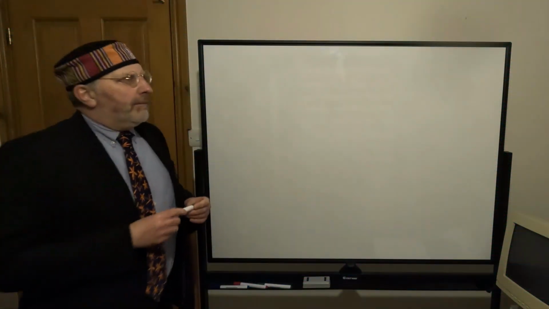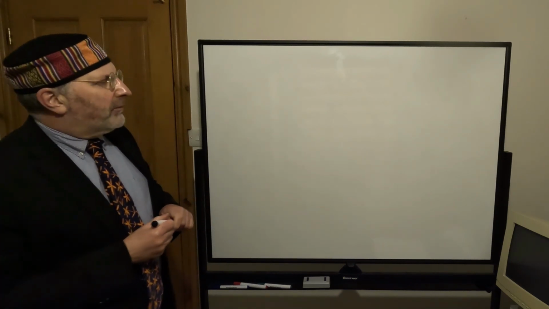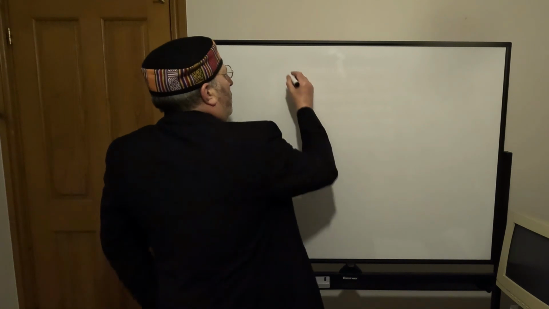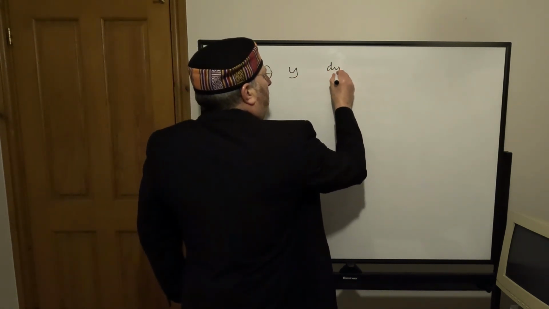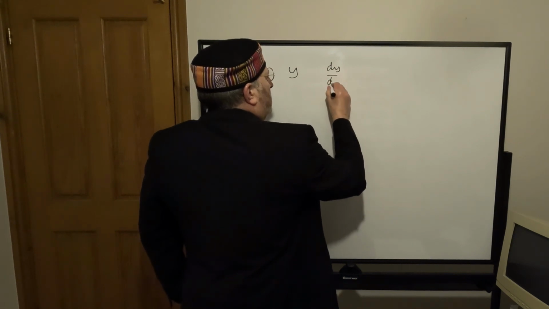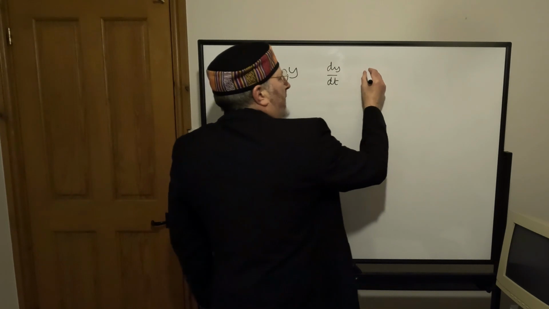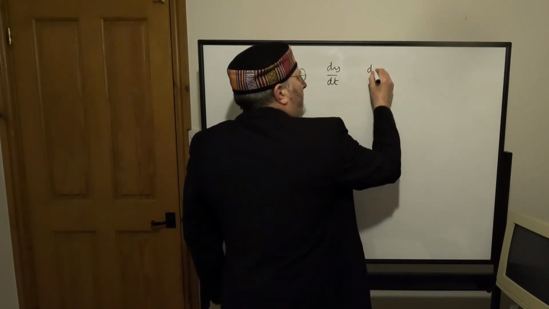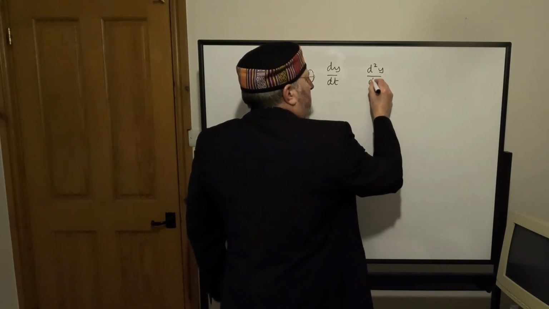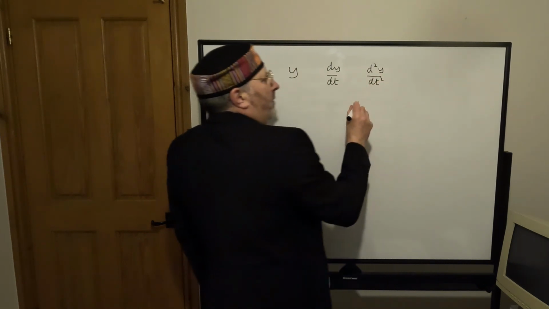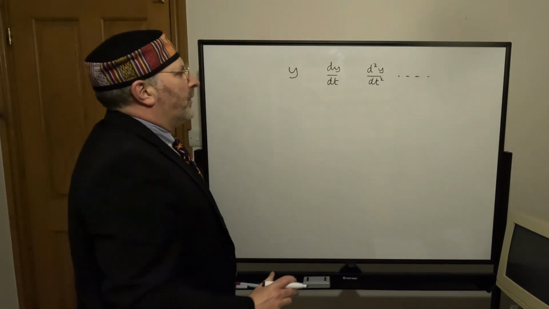And lastly, I'm going to mention a special notation that is sometimes used. So we know that if we have a function y, we can express its rate of change with respect to time as dy by dt, and also the acceleration, the rate of change of the rate of change, is d2y by dt squared, and we could go up to higher derivatives as well.